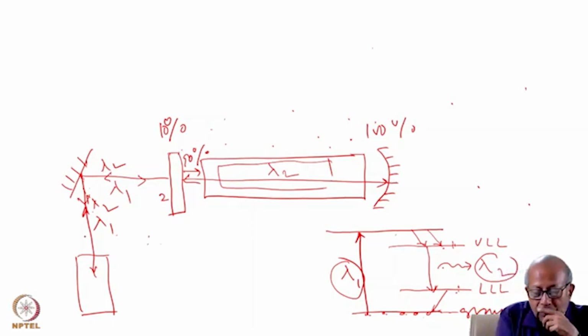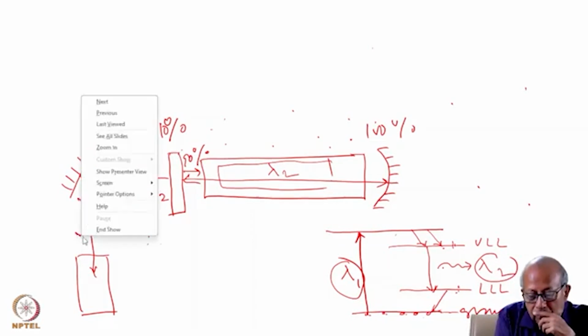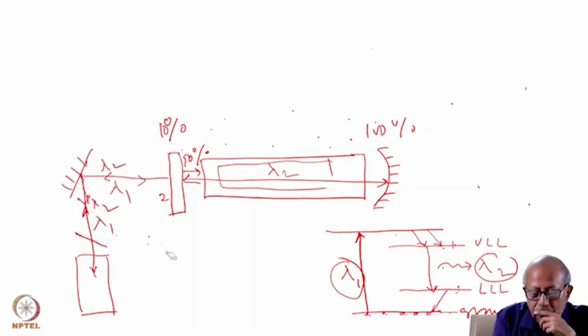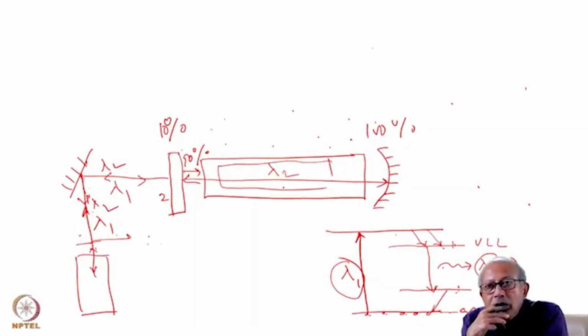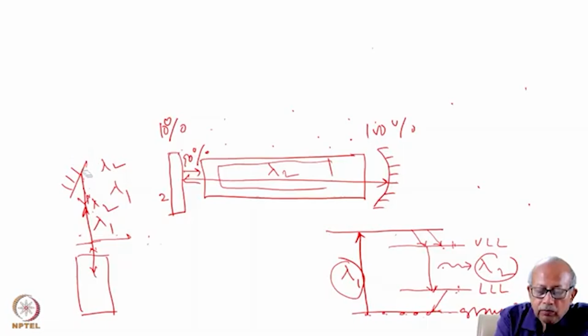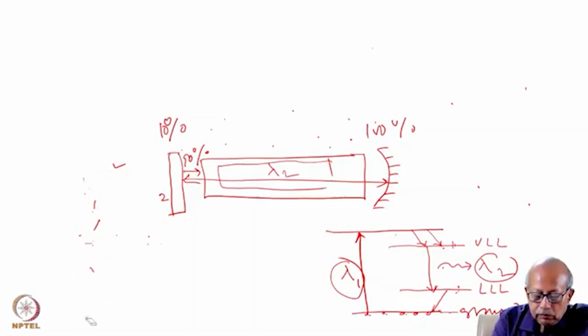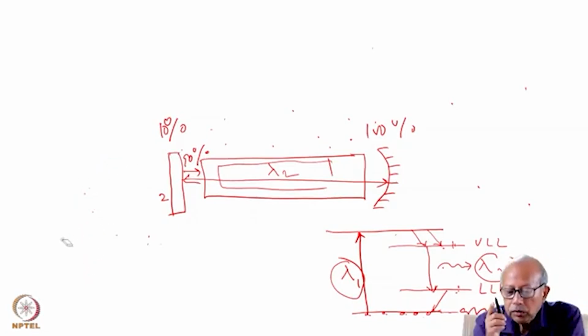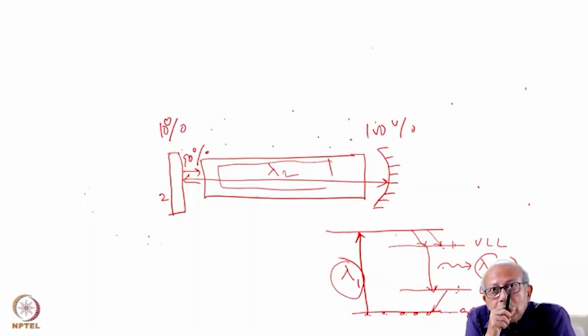If you try to intercept it and use another mirror to take this lambda 2 out, this will block your lambda 1. It would not allow lambda 1 to reach your lasing medium. So this approach will not work.